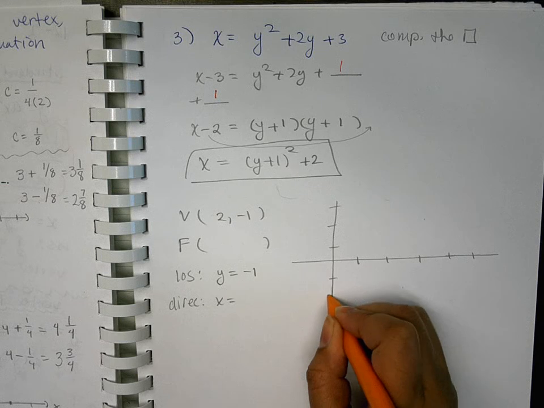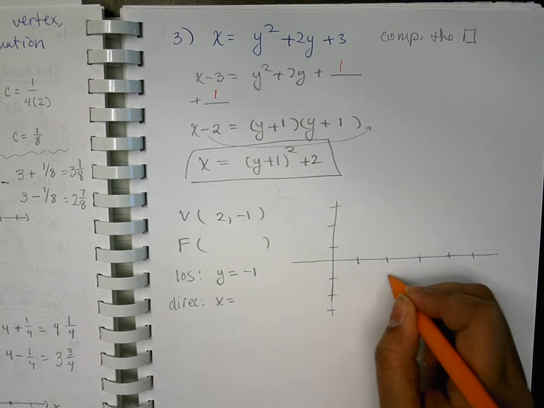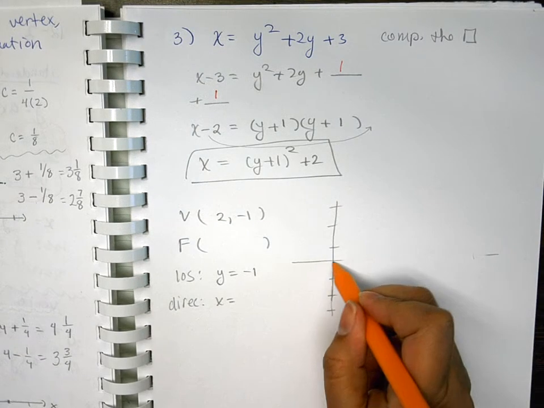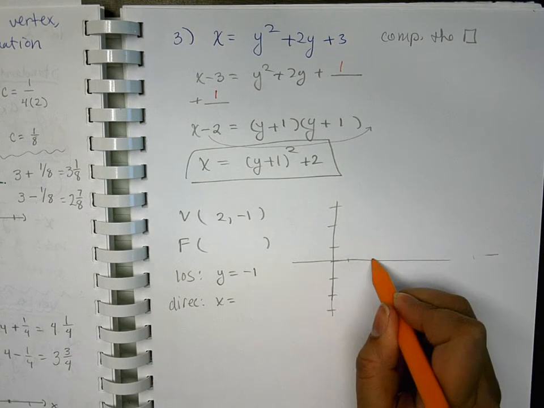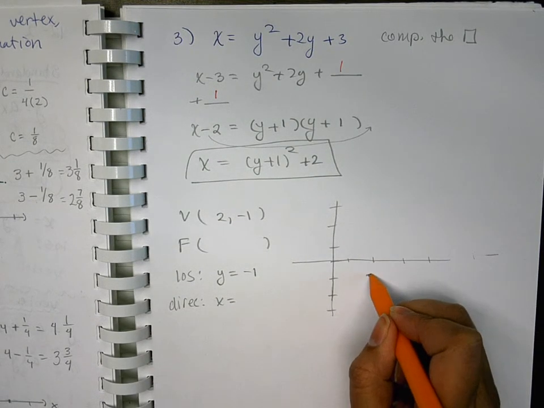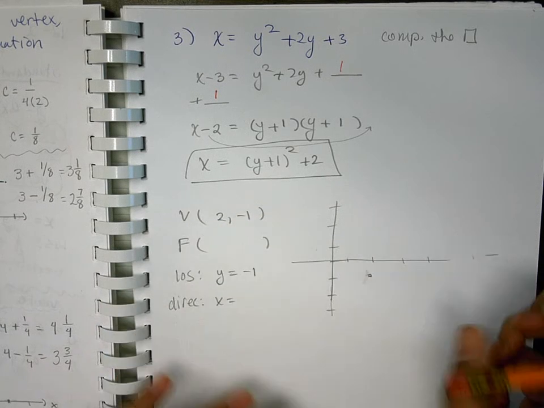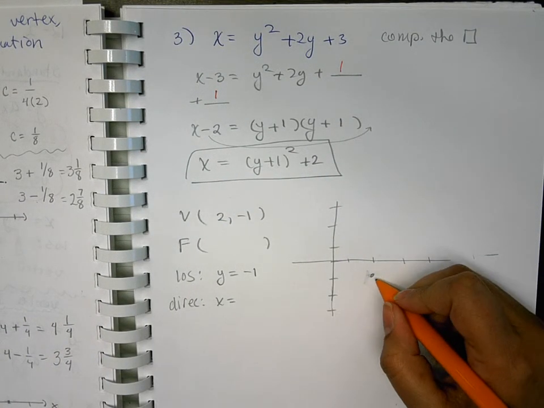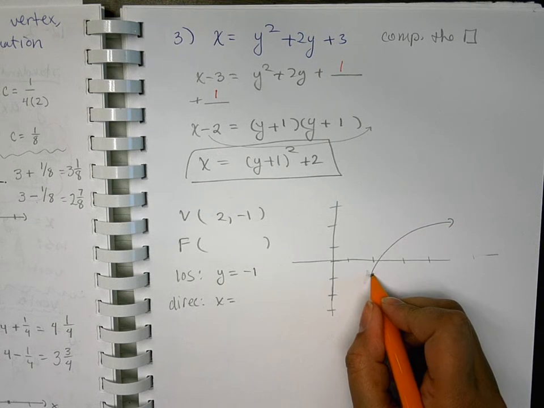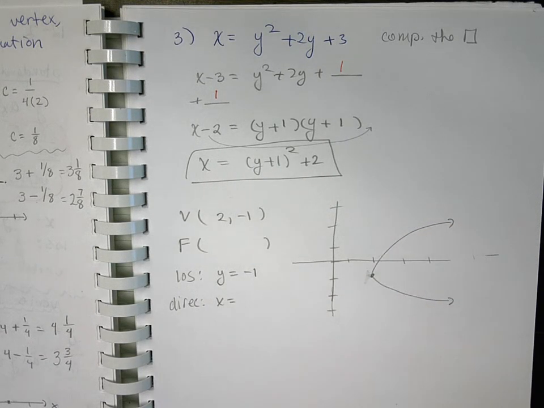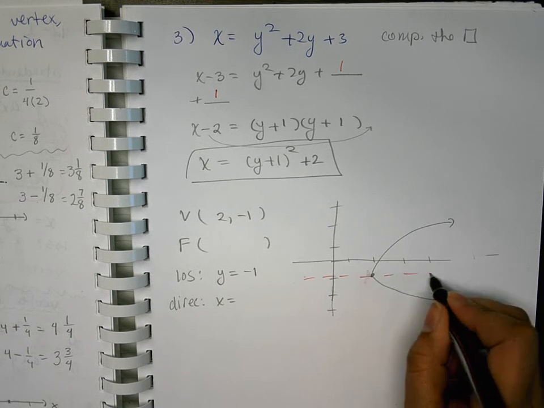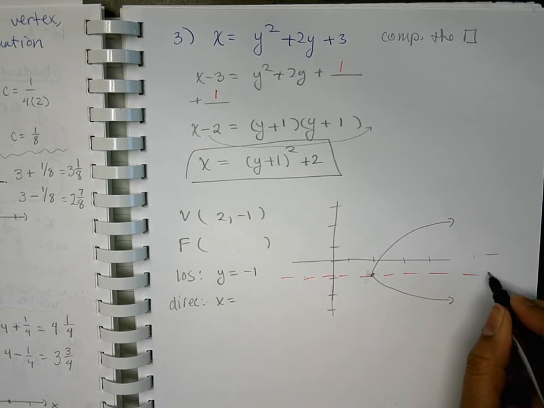So over 2, down 1. All right, and which way is this parabola opening? Opening right or opening left? To the right because of what? Because it is positive. All right, I'm drawing my line of symmetry, and is it y equals -1 the way we said it would be?